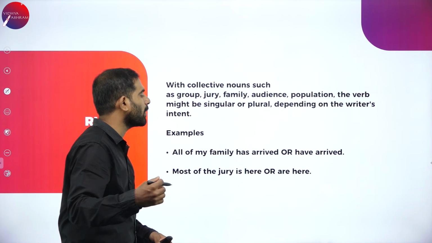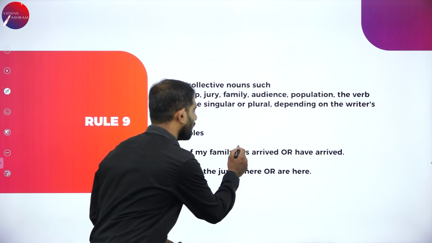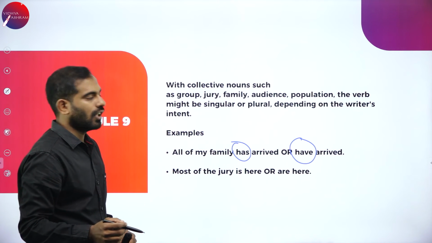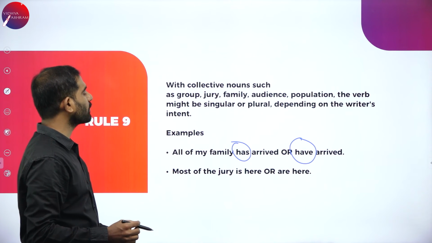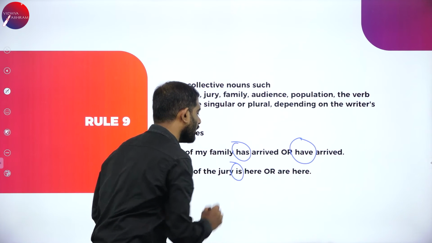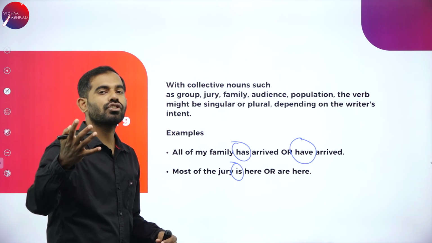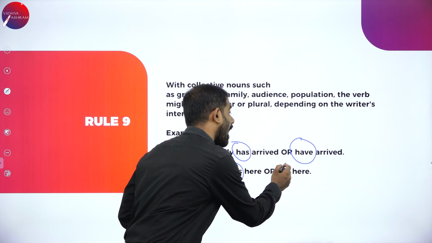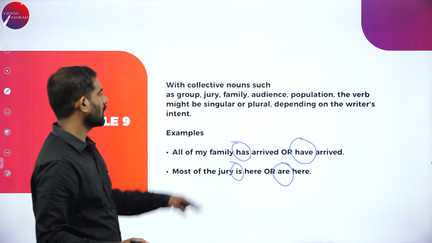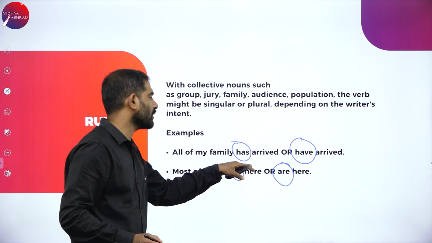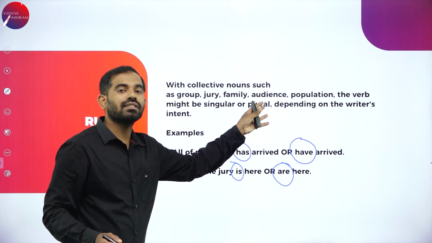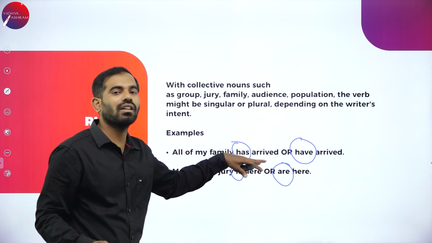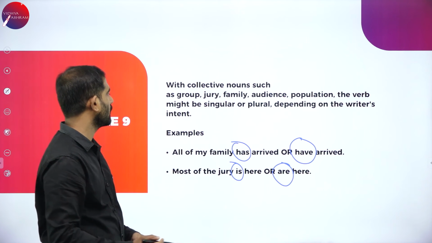Example: "All my family member has arrived" or "have arrived." Second example: "Most of the jury is here" or "are here." Jury means those who give the judgment. According to the writer's intent, we use the verb as singular or plural.